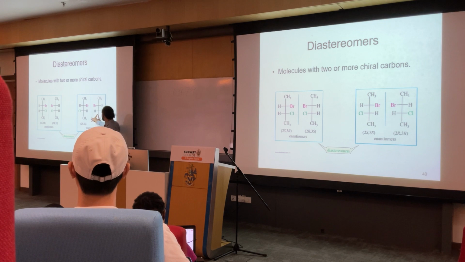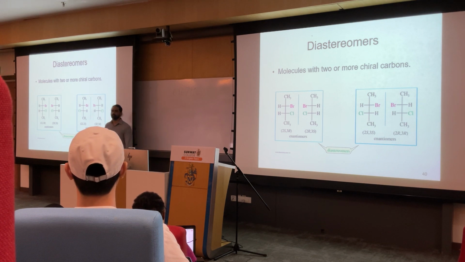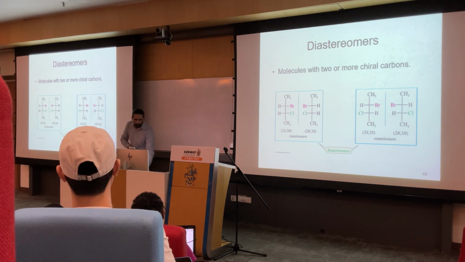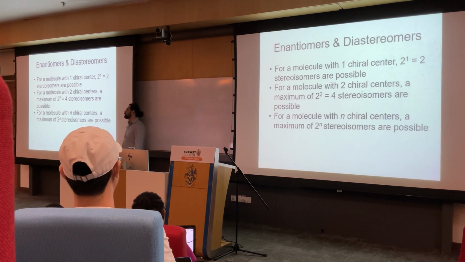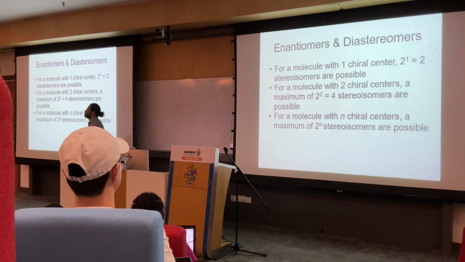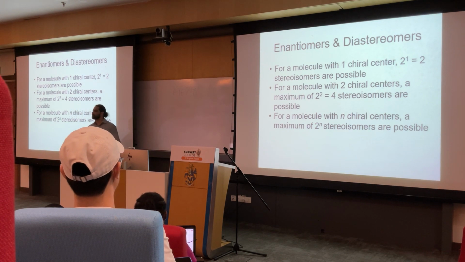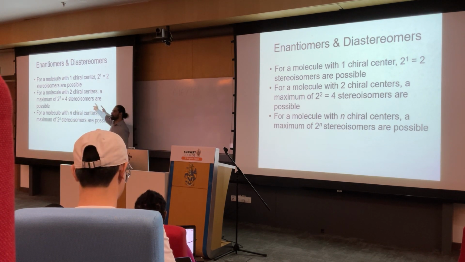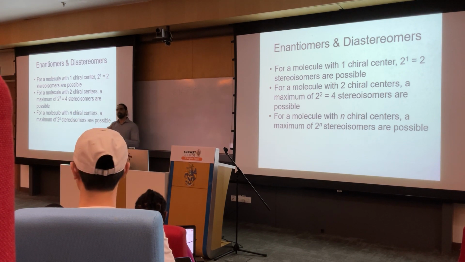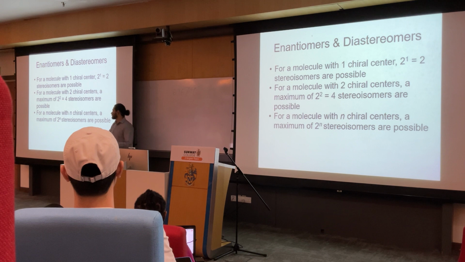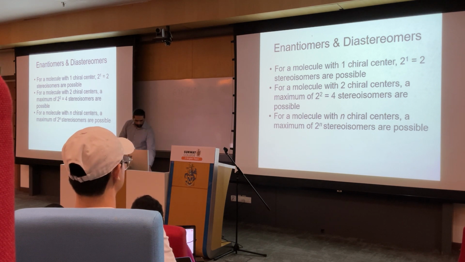Why? Because 2 chiral centers. So if you use this equation, you can know how many sets of stereoisomers we can have for any given molecule. Very simple equation. 2 to the power n, where n is the number of chiral centers. Right?